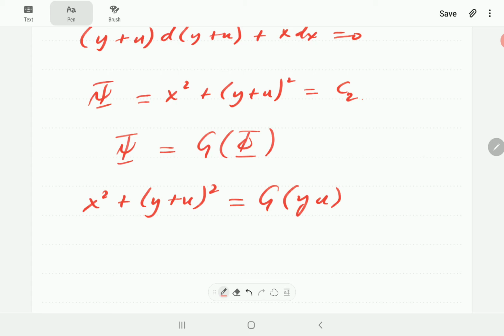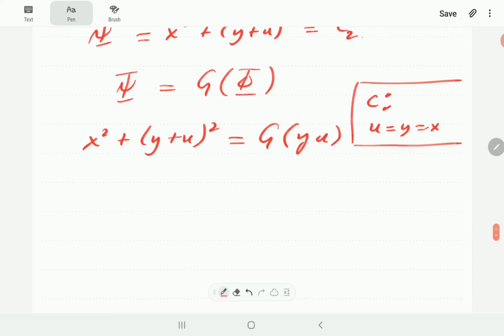Then our particular curve through which we want the surface to go through is u equal to y equal to x. So again, we can write everything here in terms of x. We can use x as a parameter. So this is just going to be g of x squared.